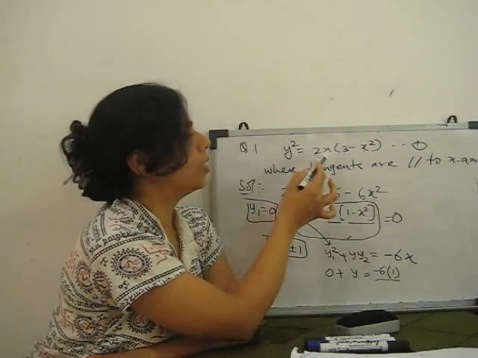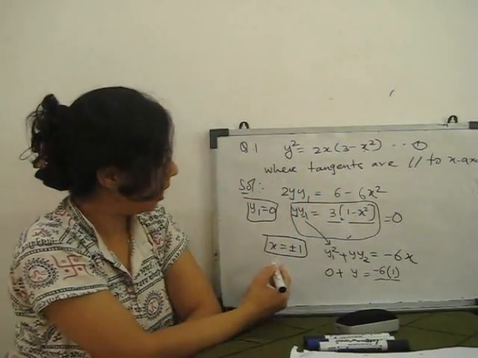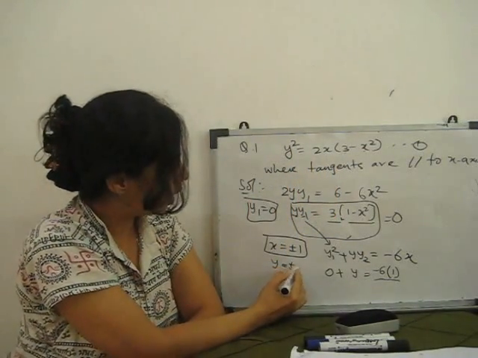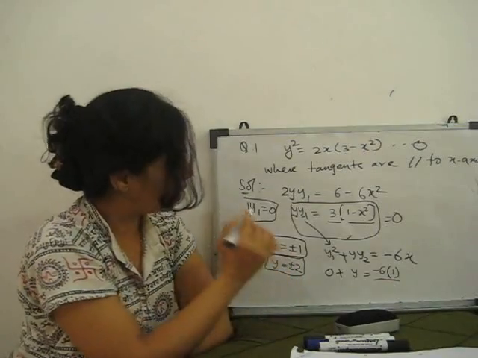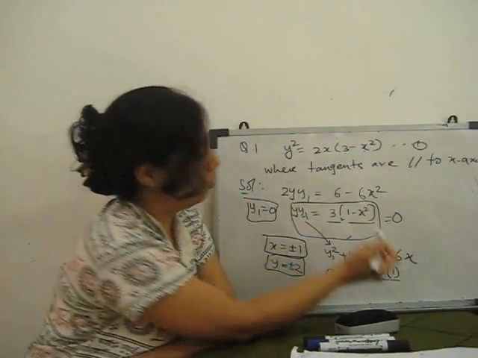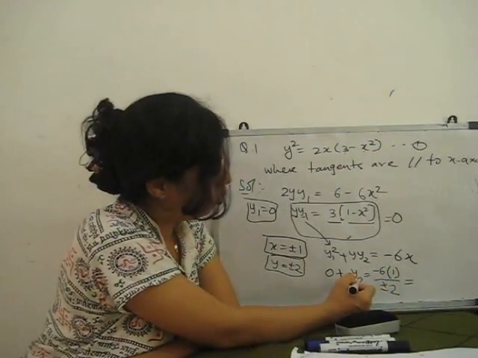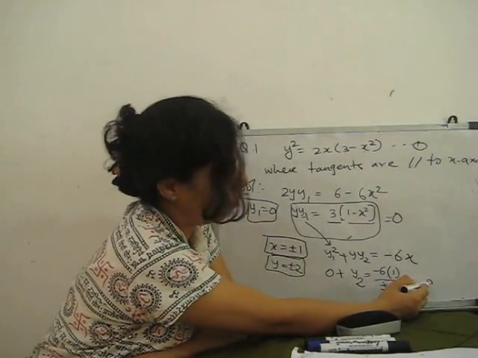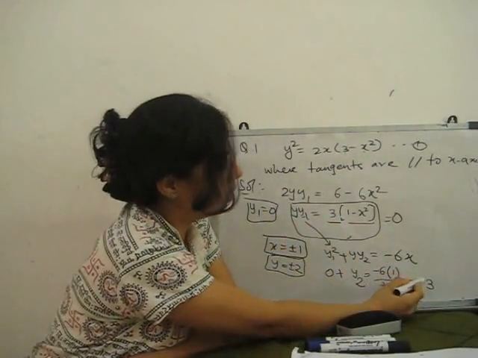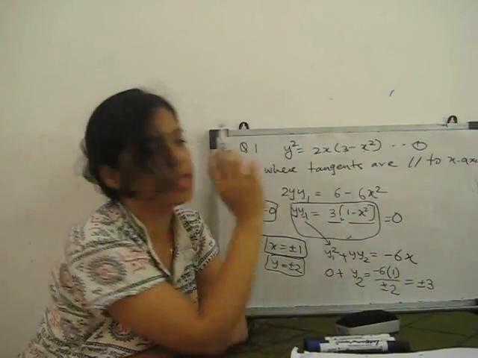So y square equal to 4, then y is plus minus 2. So we will consider its positive and negative; y is plus minus 2. So y2 is minus 3. Clear? Or we can say plus minus 3.